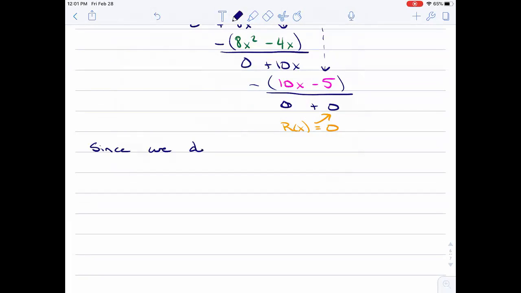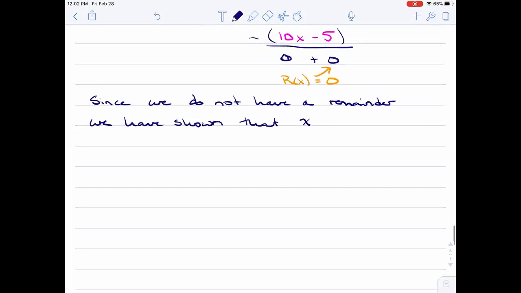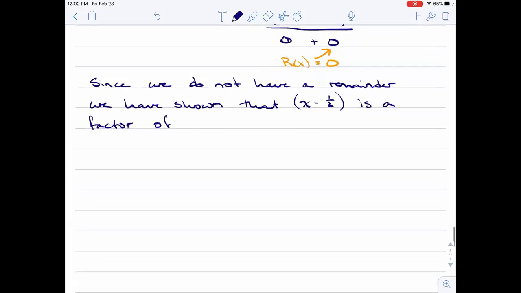Since we do not have a remainder, we have shown that x minus 1/2, in brackets, is a factor of, and I'm going to cheat and write p of x, because it's that big one.